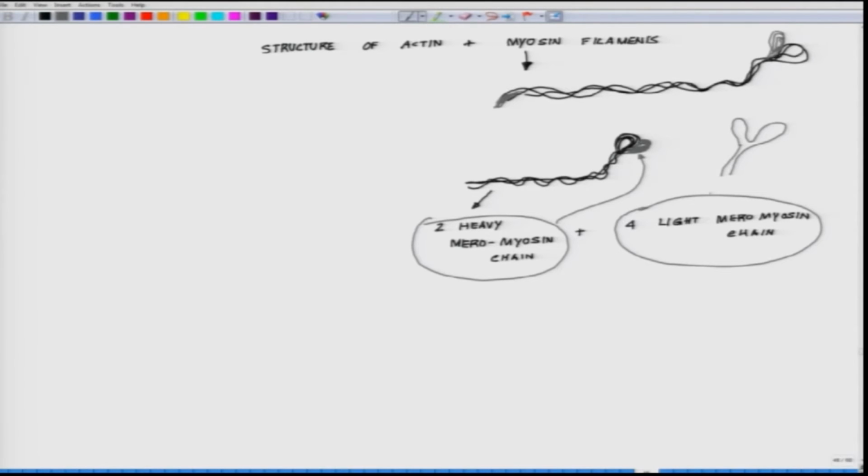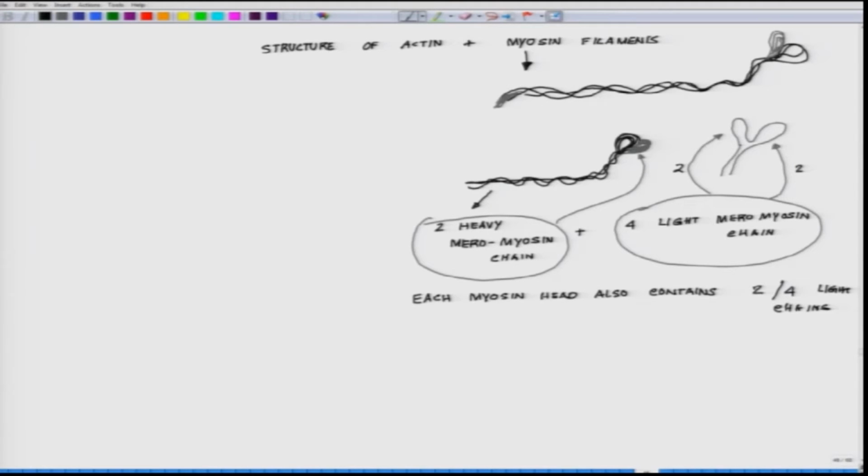So, these are split up into 2. What essentially are these doing? Each myosin head, this is 2 and this is 2, also contains 2 of the 4 light chains, which make up part of the cross bridge.